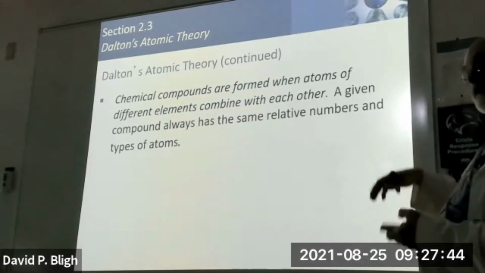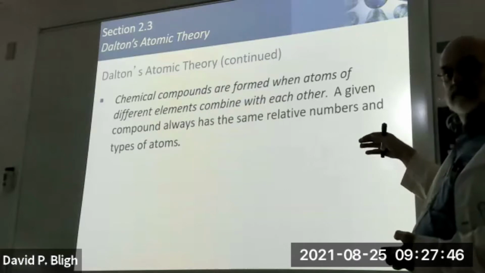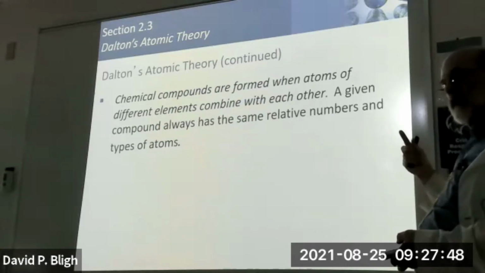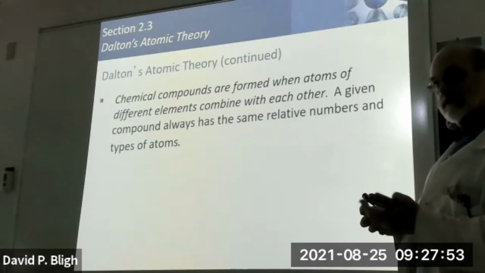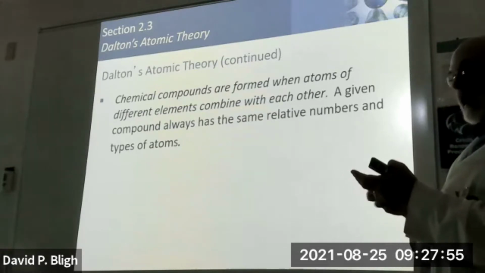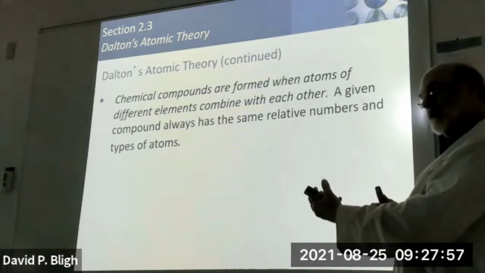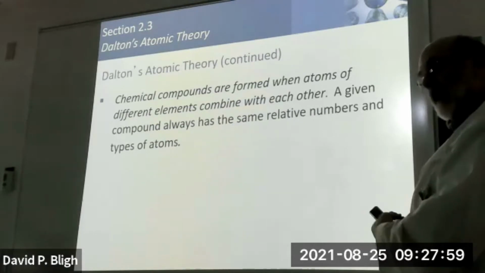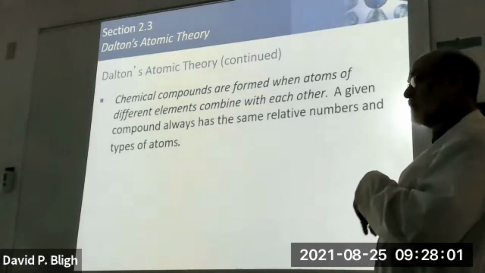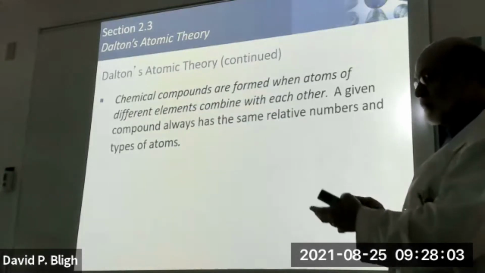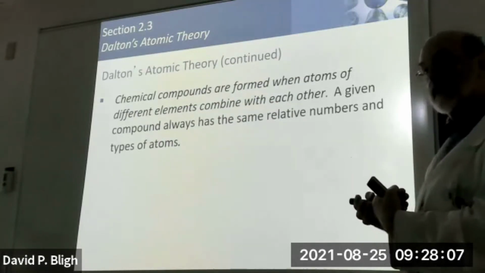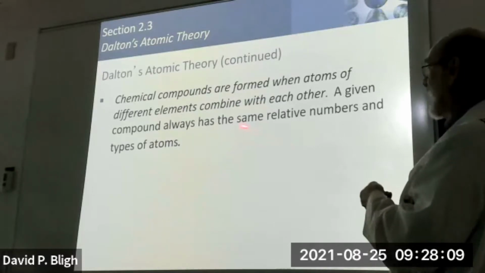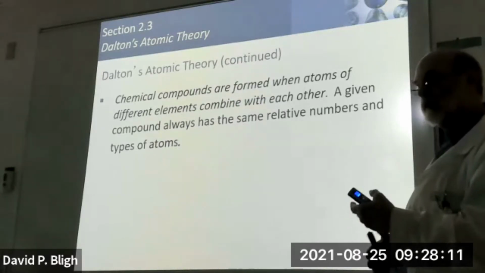So that's why we write H2O, right? 2 hydrogen atoms and 1 oxygen atom. And each atom is different for each element. So the hydrogen atom weighs a certain amount, the oxygen atom weighs a certain amount, you combine them together and you get the mass of water, plus you can ratio the masses of the atoms, simply because they always combine in those definite proportions.